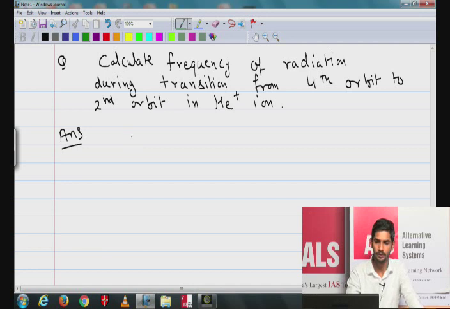Guys, do one thing for this question. First of all, use this formula: 1 by lambda is equal to 1.1 into 10 to the power 7, frequency of radiation.